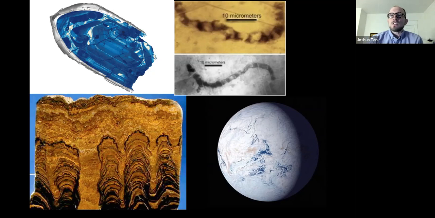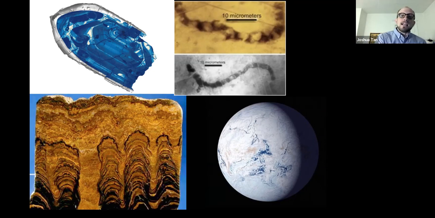Very, very small measurements here. And these microfossils are showing us some forms of bacteria and other microorganisms that existed in the early Earth. These are very difficult to discover, but they have been looked at very carefully because we expect that if we do discover fossils on other worlds, they might take this form.